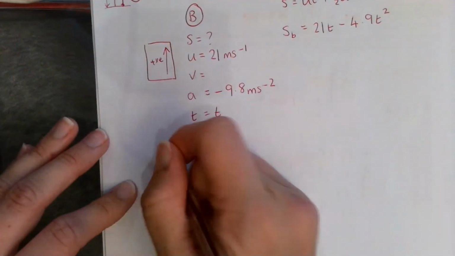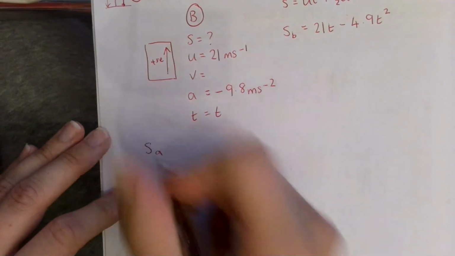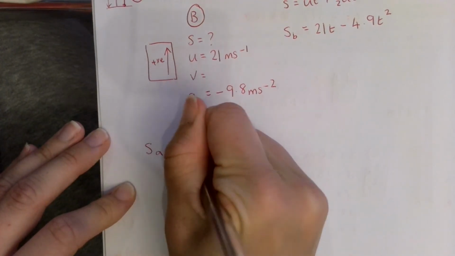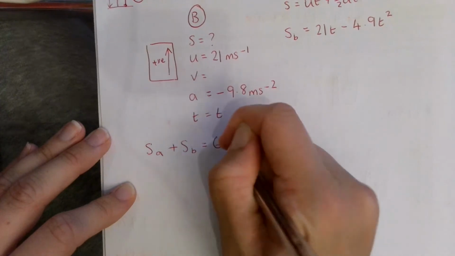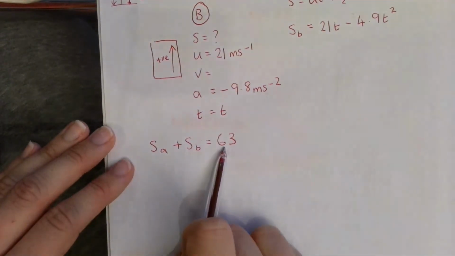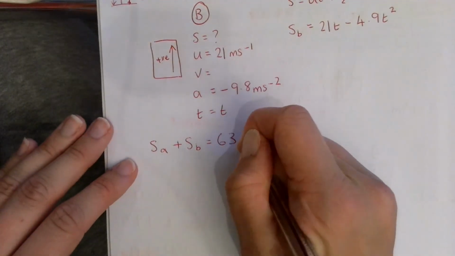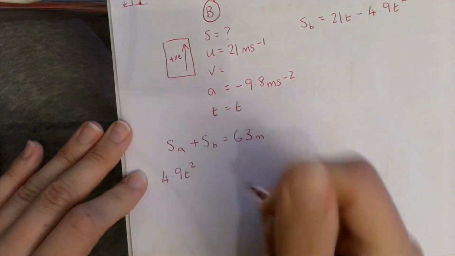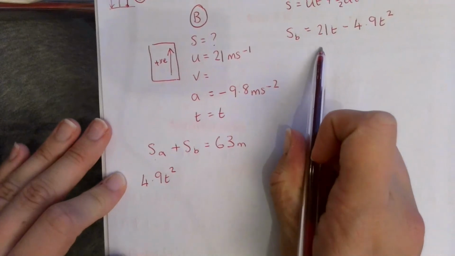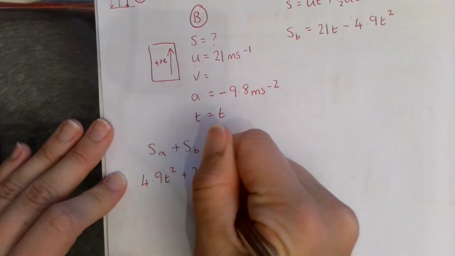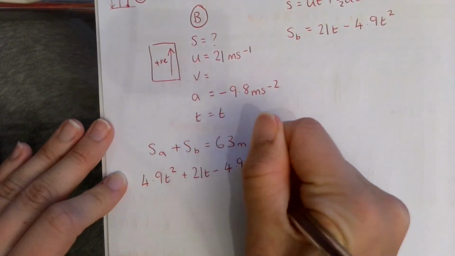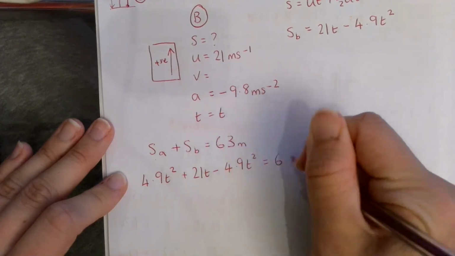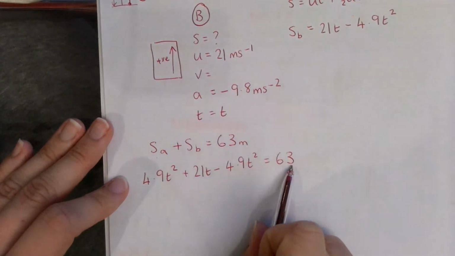So I want to find when the displacement of A added to the displacement of B equals 63, which is the height of the tower, remember, 63 meters. So displacement A is 4.9 t squared. The displacement of B is 21t minus 4.9 t squared. And I'm saying, when does that equal 63?